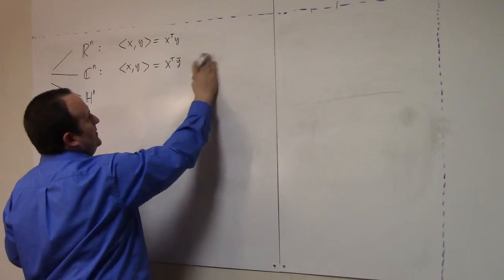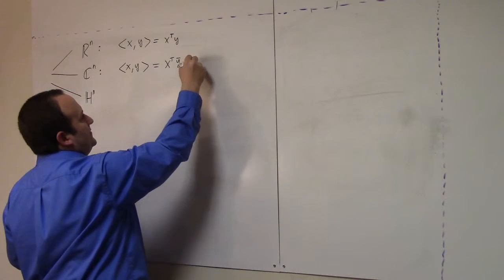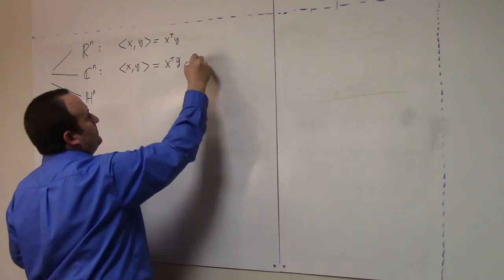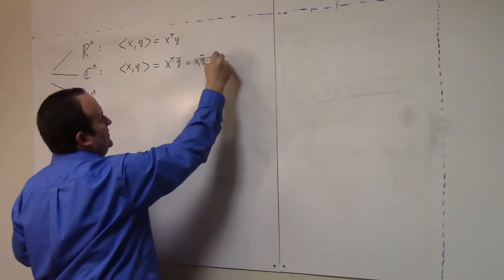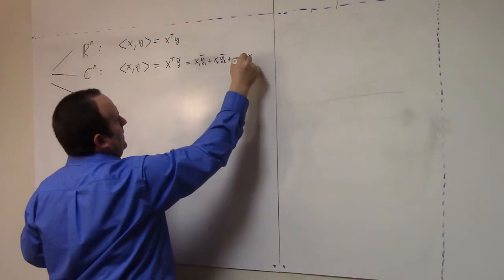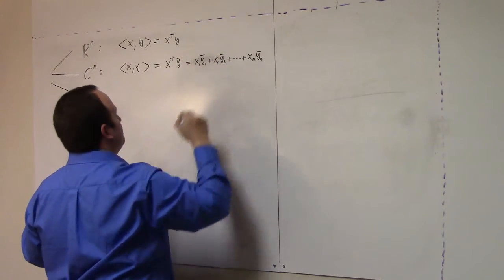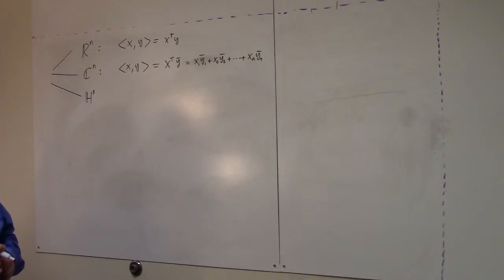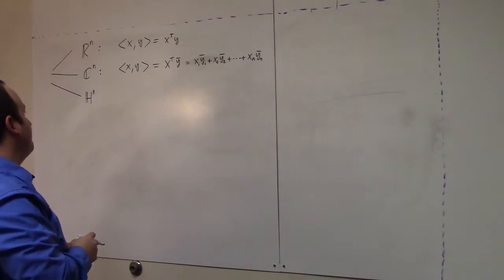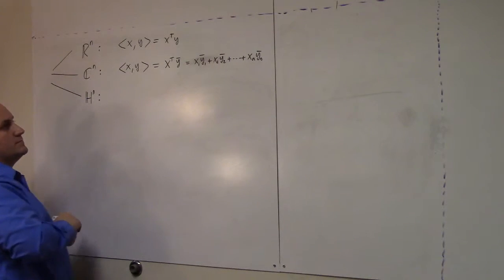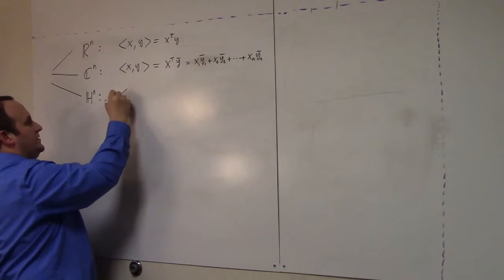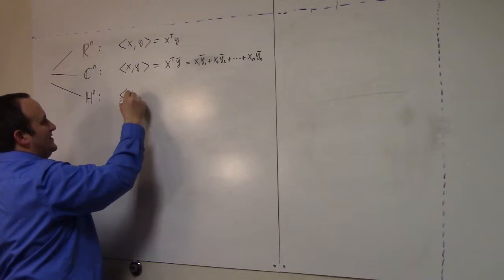So what you're looking at here is x1 y1 conjugate plus x2 y2 conjugate, up to xn yn conjugate. And then down here, I'm less confident about what to write.